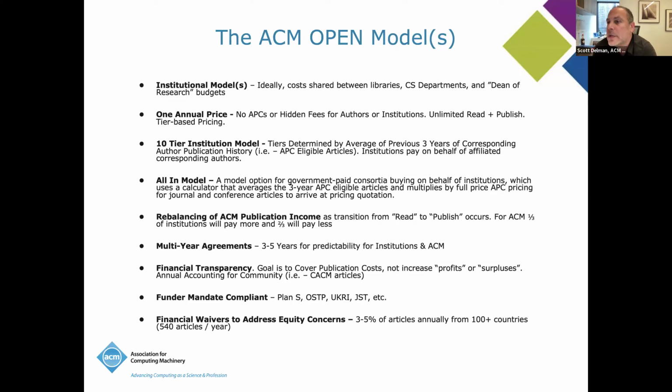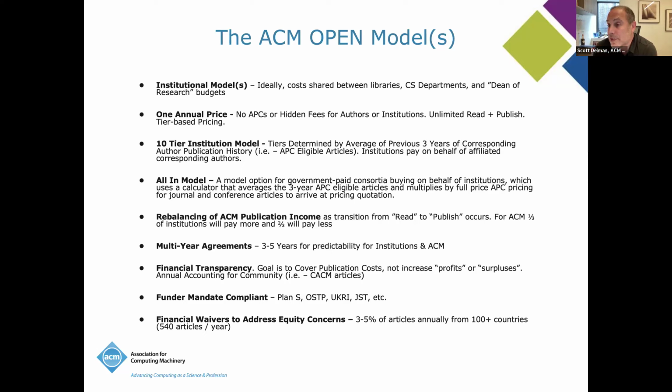And so in Europe, and in certain places in Asia and in Latin and South America, a government might buy on behalf of all of the universities access to a publisher's content. And a government might buy what we would call a read and publish agreement, an open access agreement, on behalf of all of the participating members of that consortium. And so we developed that model to make it possible for more and more institutions to join.